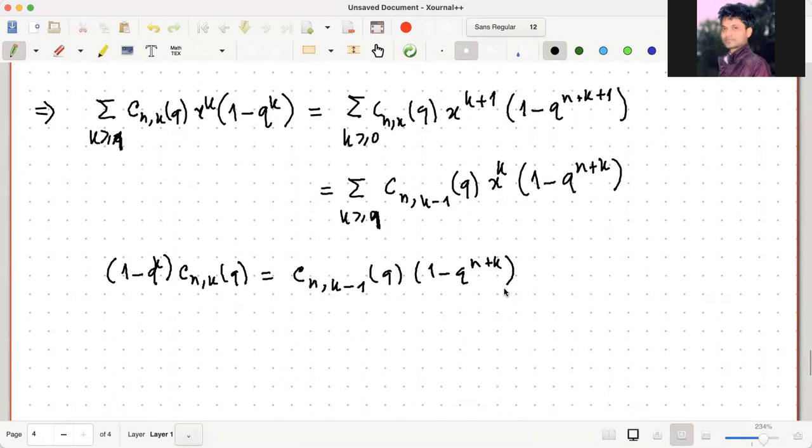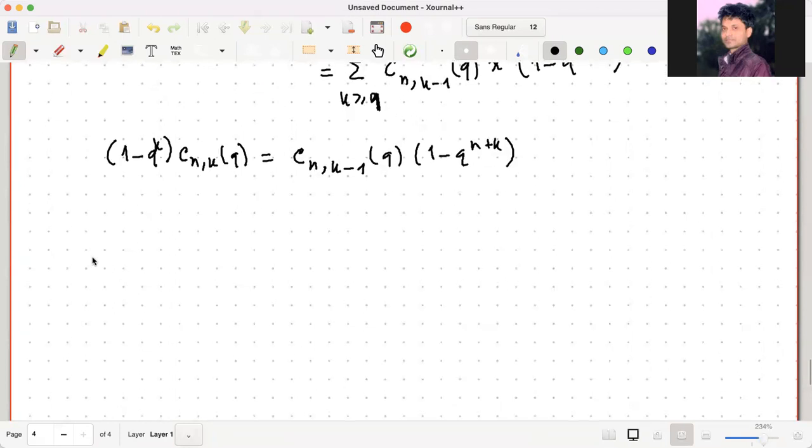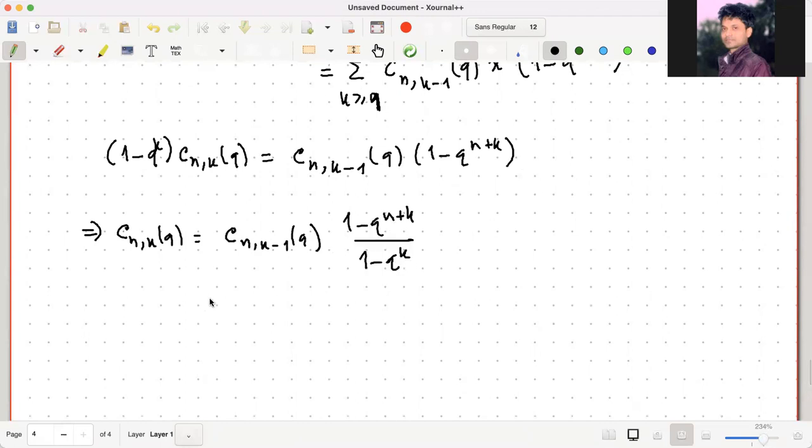Okay, so we now have a recurrence, the starting point of our recurrence. And if we just keep on doing this, from here we'll get C n k q is equal to C n k minus 1 q times 1 minus q to the power n plus k over 1 minus q to the power k. So if you keep on doing this, in the next step we'll have 1 minus q to the power n plus k minus 1 over 1 minus q to the power k minus 1.